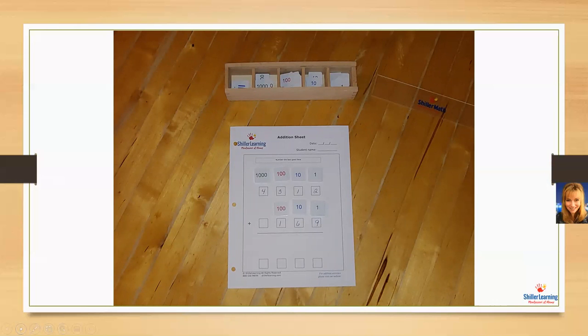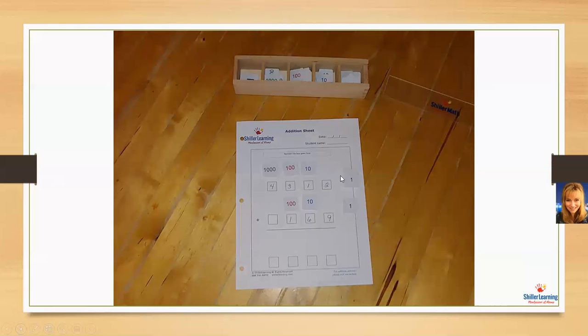Then, just as before, we work with our ones column first. Now, in this instance, we are getting to more than 10. So just like they did when they did the multi-digit addition with the other materials, we know that, okay, when we get up to 10 of something, we're going to exchange that for that next place value up.